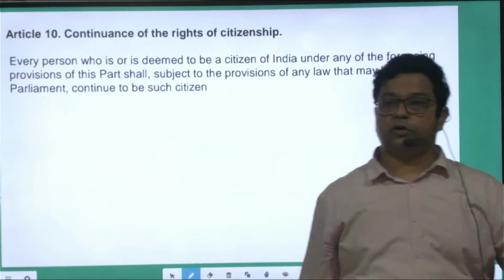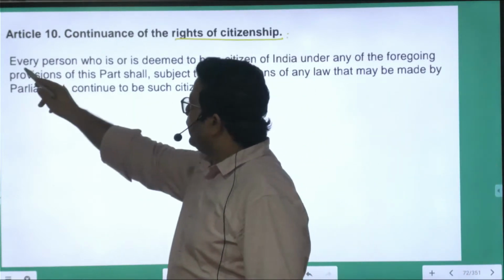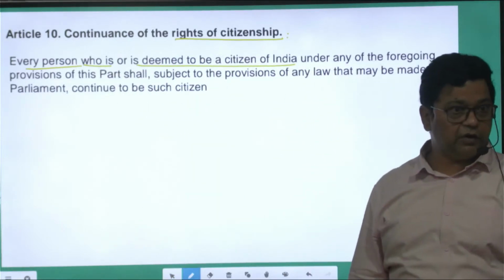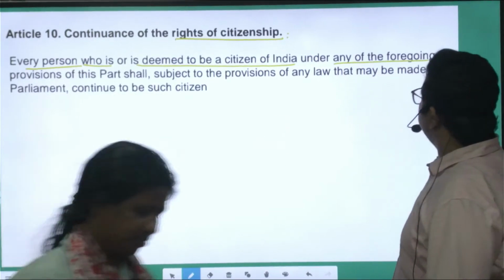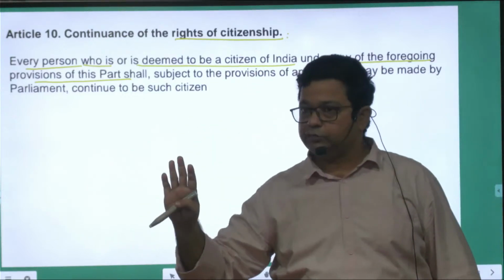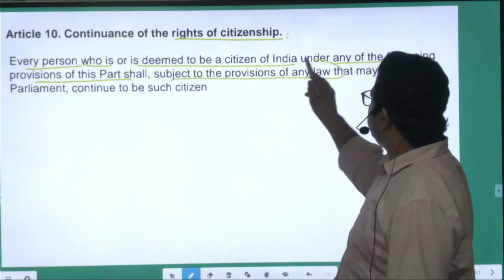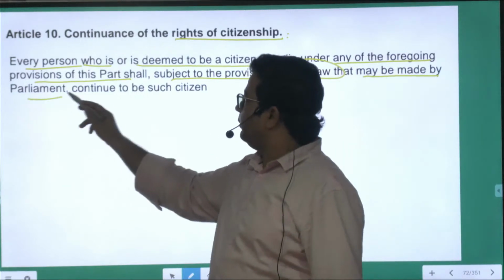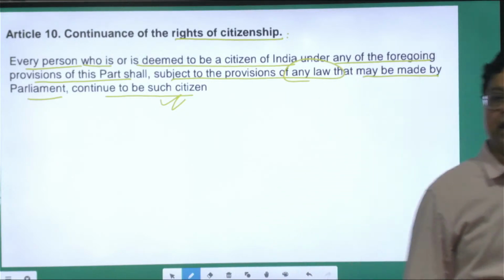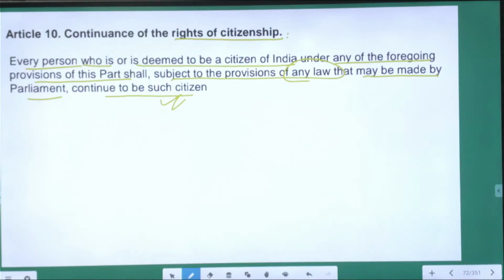So what does Article 10 of the Constitution say? It says continuation of rights of citizenship. Every person who is or is deemed to be a citizen of India under any of the foregoing provisions of this part, meaning 5, 6, 8, shall, subject to the provisions of any law that may be made by Parliament, continue to be such a citizen. So he is liable to all the laws made by the Parliament.